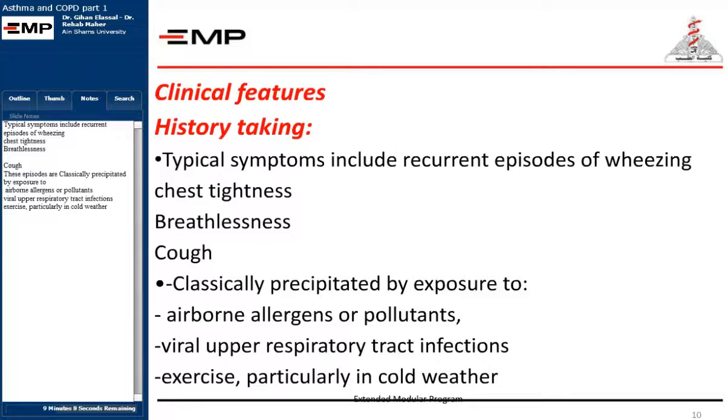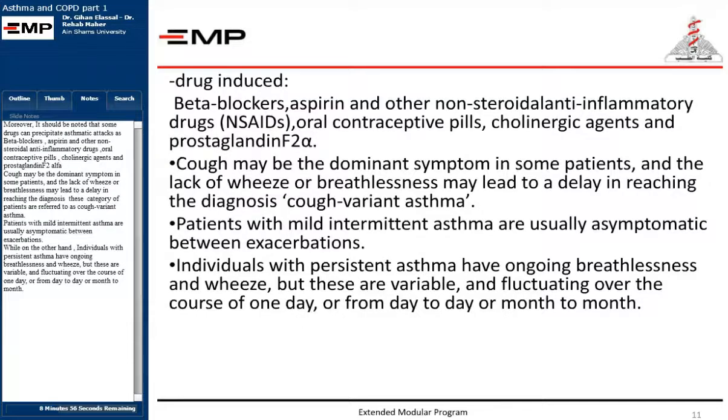These episodes are classically precipitated by exposure to airborne allergens or pollutants, viral upper respiratory tract infections, and exercise, particularly in cold weather. Moreover, it should be noted that some drugs can precipitate asthmatic attacks, such as beta blockers, aspirin and other non-steroidal anti-inflammatory drugs, oral contraceptive pills, cholinergic agents and prostaglandin F2 alpha.